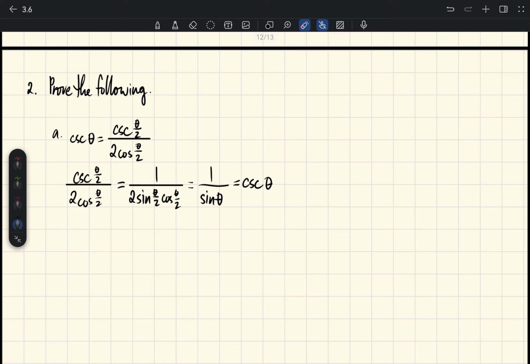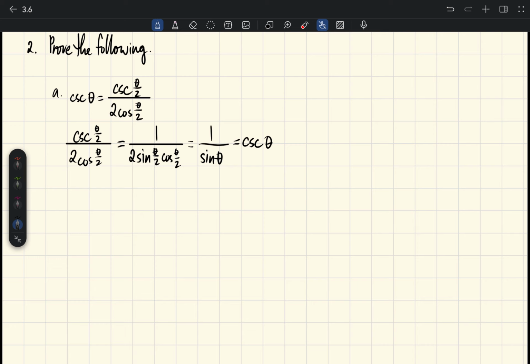Like in this one, instead of directly using the half angle identity for cosine, it has been really helpful to just bring down the cosecant right here as a sine, which made stuff easier. Let's proceed to the next example. Let's show that tangent of x over 2 is also equal to cosecant of x minus cotangent of x.